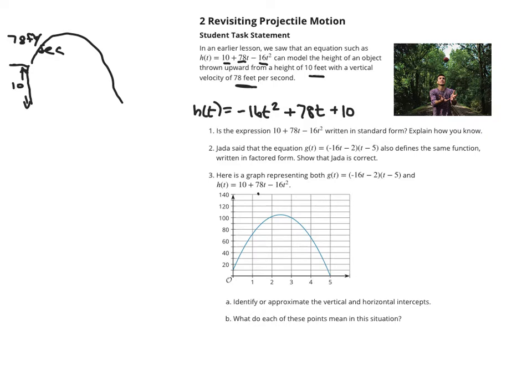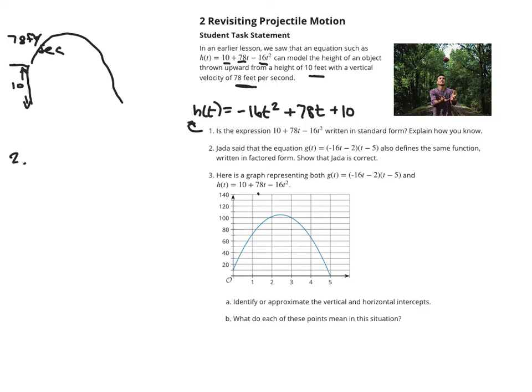There's no parentheses. I've got ABC form, right? I have a squared term, a first power term, and a constant term. My a is negative 16, my b is 78, my c is 10. So I would say yes, it's written in standard form. It's just preferable to be in a different order.